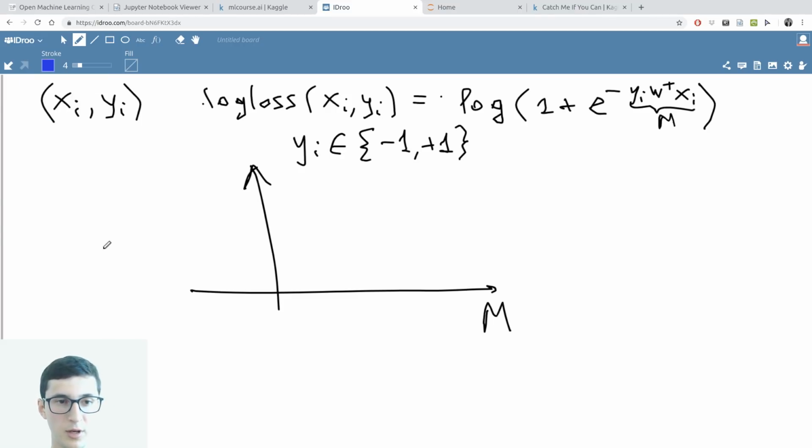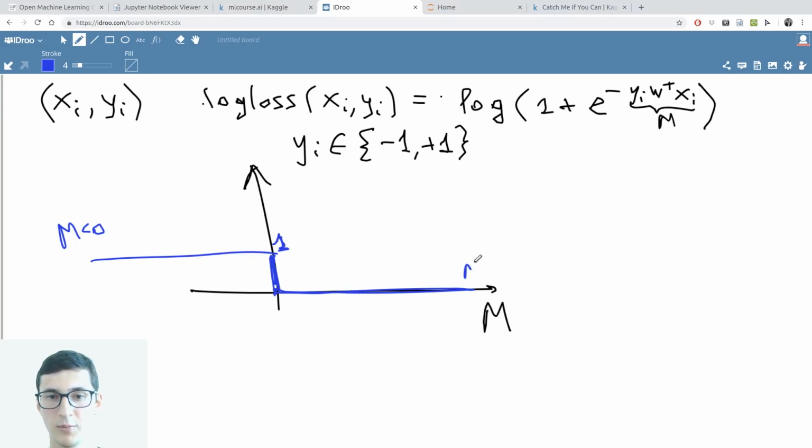So I can plot a really very simple graph. It will be 0-1 loss. So eventually we'll try to build an algorithm which minimizes the number of incorrect predictions. And so here, if margin is negative, so here on this side, this loss will be 1, and here it's positive when we don't make any mistake.